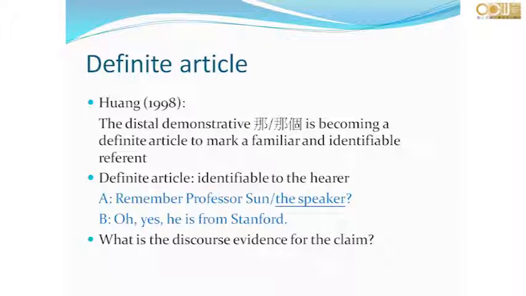You see，我为什么直接用 the speaker？Remember the speaker of our conference？了解吗？I assume it's familiar to you.